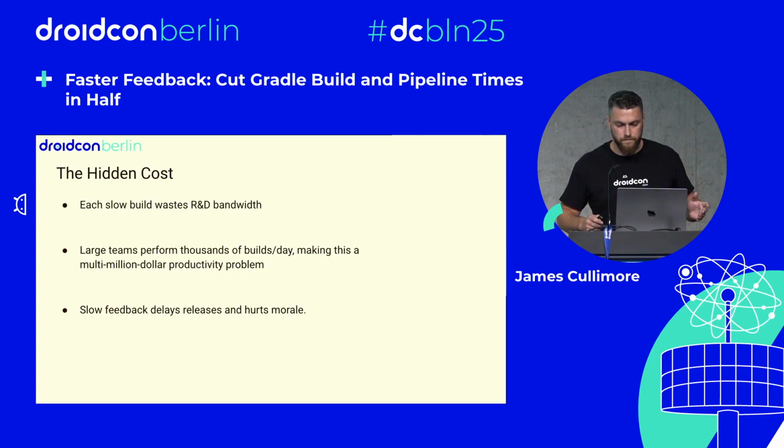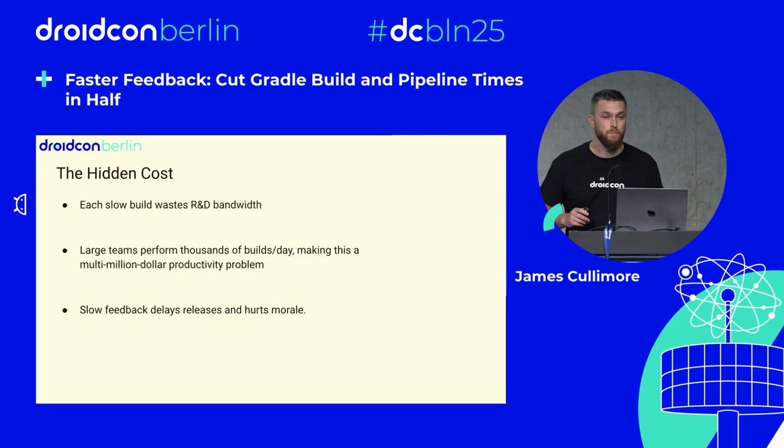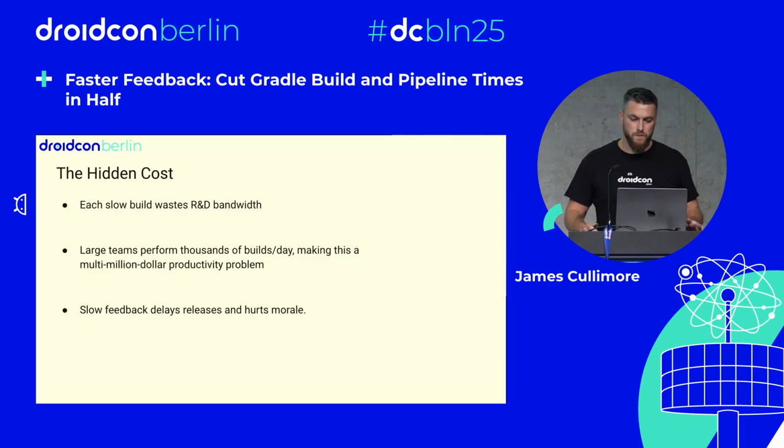Productivity drops. Context is lost, and people start multitasking, which leads to even more inefficiency. Think of it as a tax on your whole engineering team. That little slow build doesn't just cost one person's time, it ripples across the pipeline and schedules. Speeding things up is one of the fastest ways to give your team more capacity without hiring more people.